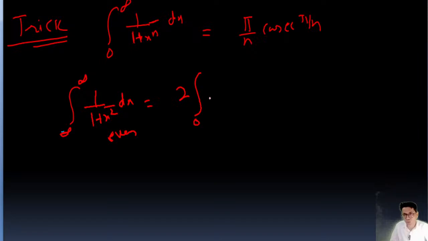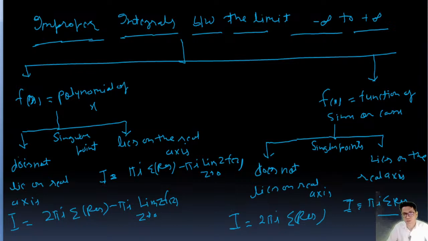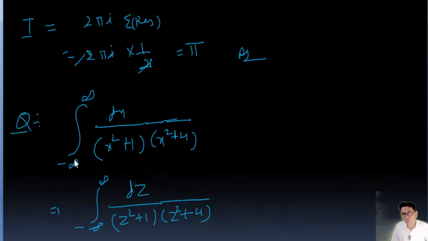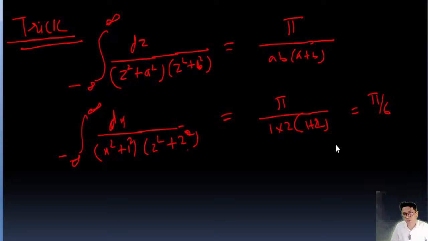It is going to be 2 times the integral from 0 to infinity of 1 upon 1 plus x square dx. By trick this is 2 into pi by 2 cosec pi by 2. The 2 will get cancelled, and the value of cosec pi by 2 is 1, so it is equal to pi, right? By trick, see how quickly we have solved this question.